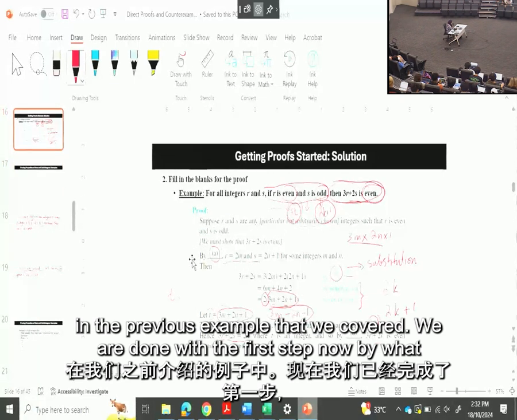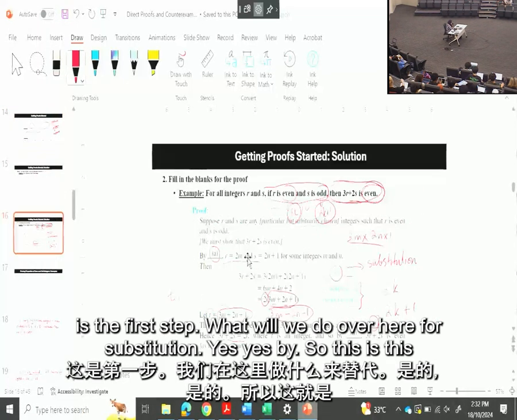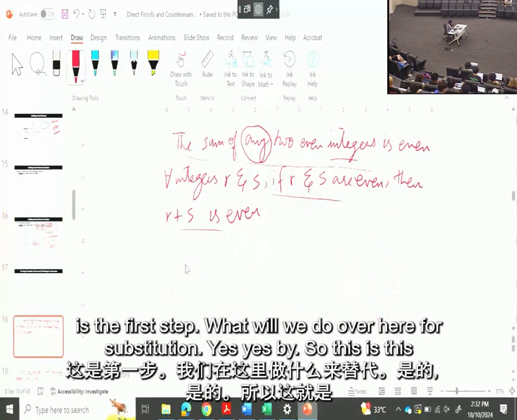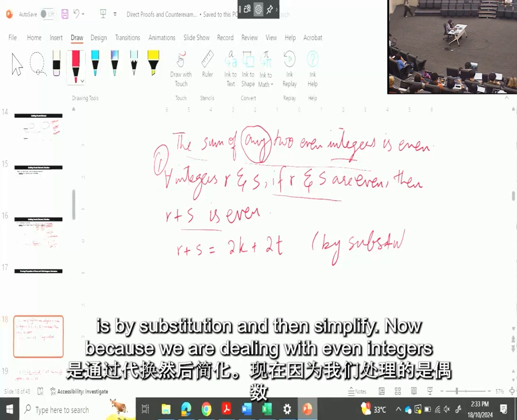Now, what will we do over here for substitution? By definition, you can write this first; this is the first thing that you have to show. And the next step is by substitution.